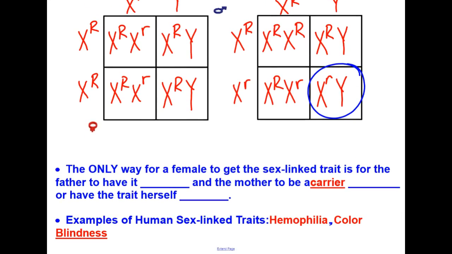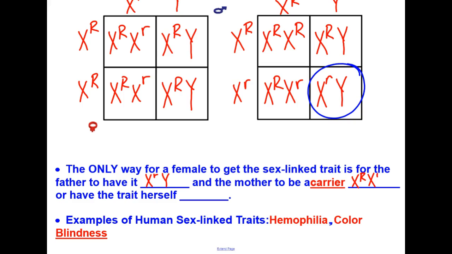The only way for a female to get the sex-linked trait is for the father to have it. In order for the father to have it, he would have to be X little r Y, and the mother to be a carrier. To be a carrier means you'd have to be heterozygous.